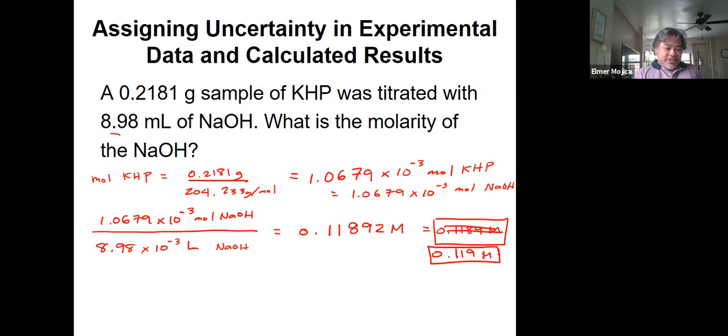The way you do it is, from the time you get the moles of the KHP until you get the molarity, you have to carry the uncertainty. So when you get the moles of the KHP, there is a corresponding uncertainty. How do you do the calculation there? You have the uncertainty of the moles over whatever moles you have.